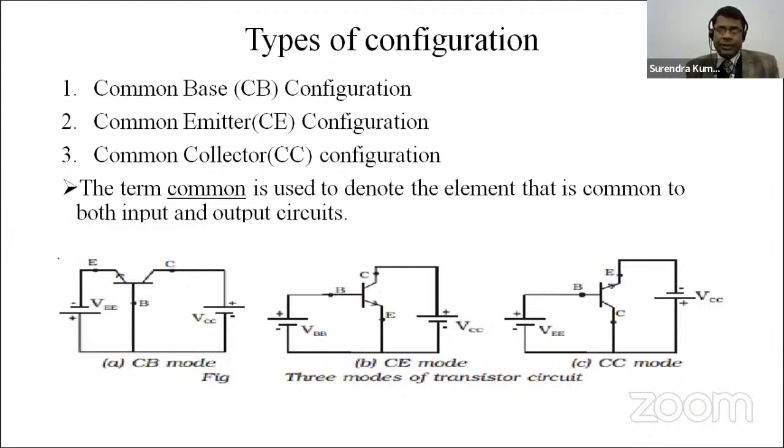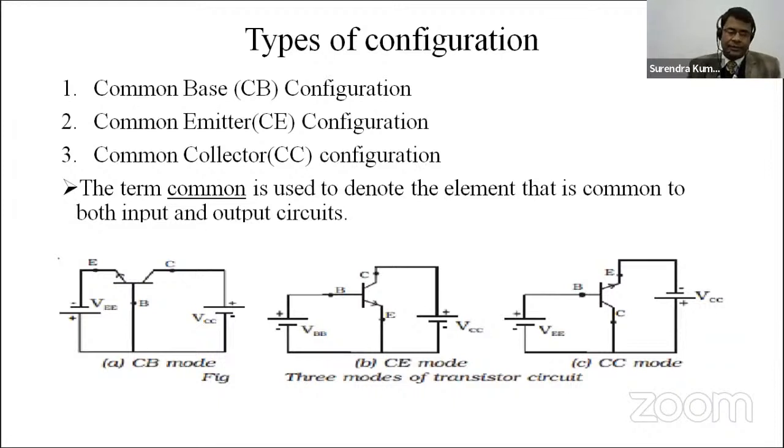As we know, a transistor is a three-terminal device. So on the basis of three terminals, we make a connection in three different modes. With a particular terminal, we make a circuit.